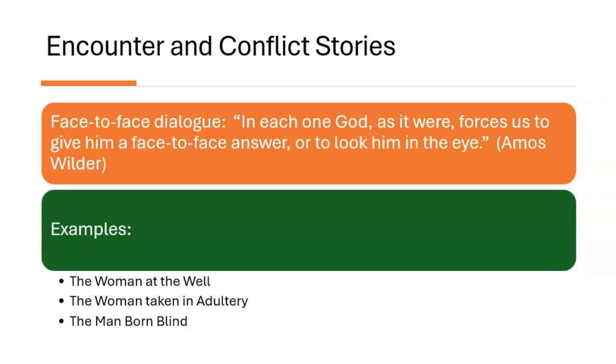And then my favorite encounter story, it's also a conflict story, is the story of the man born blind, in which this man slowly comes to realize who Jesus is, but in the process gets himself thrown out of the synagogue. But when he finds Jesus, he recognizes him and becomes a witness for who Jesus is.